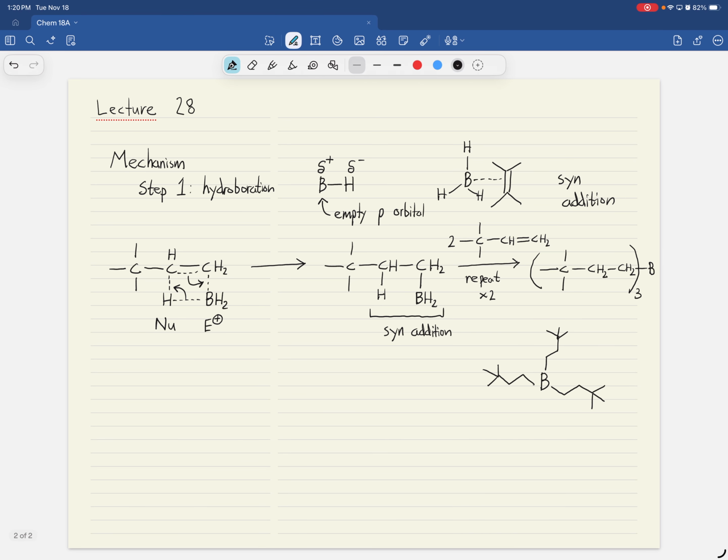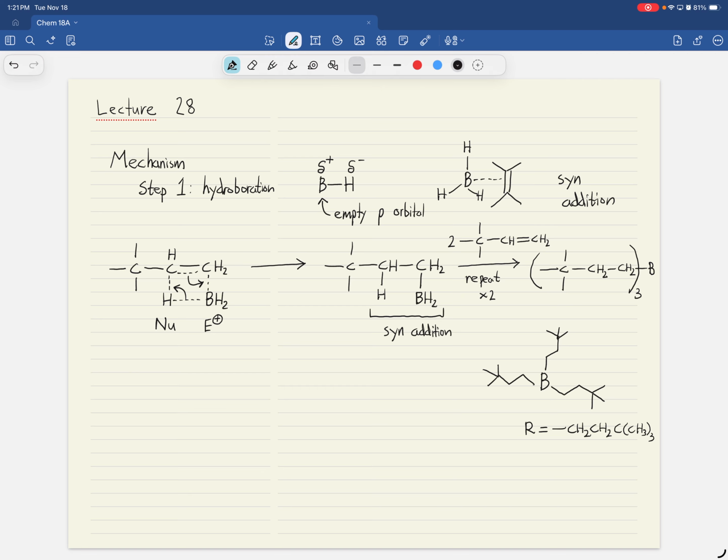Okay, so in this case, we can abbreviate these as R groups. So the R group here can be this group here, CH2, CH2, CH3, like that.